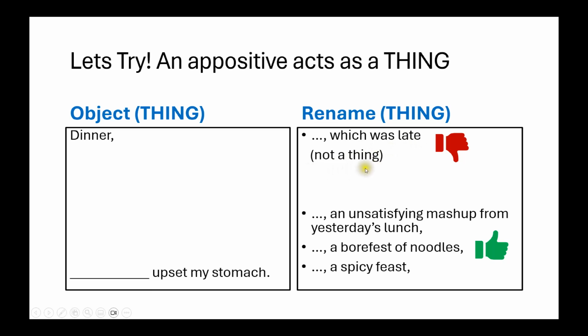It's not a thing. It's not renaming it. But if I say "dinner, an unsatisfying mashup from yesterday's lunch," that's also a thing. Or if it's a boar fest of noodles, that's also a thing. Or a spicy feast, also a thing.